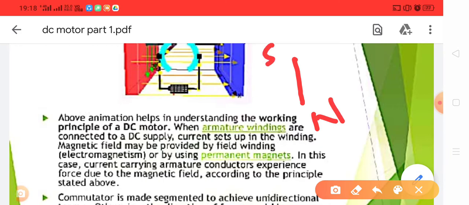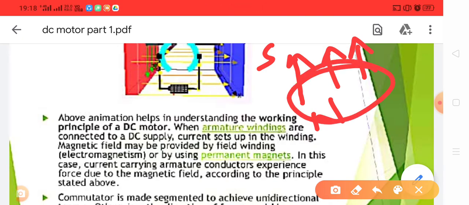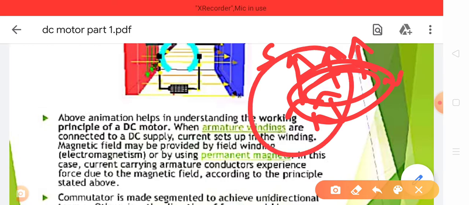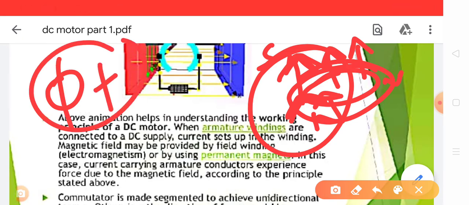If you take the north to south direction, the flux direction will be in this direction, and the conductor rotates in this direction. If you see this, the flux will be in the upward direction. On the left hand side, this will be in the upward direction, and this will be in the upward direction.